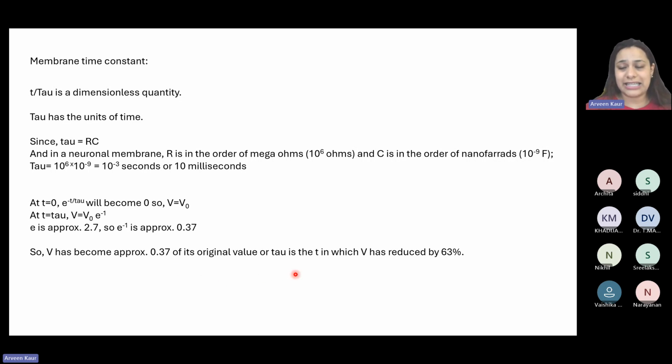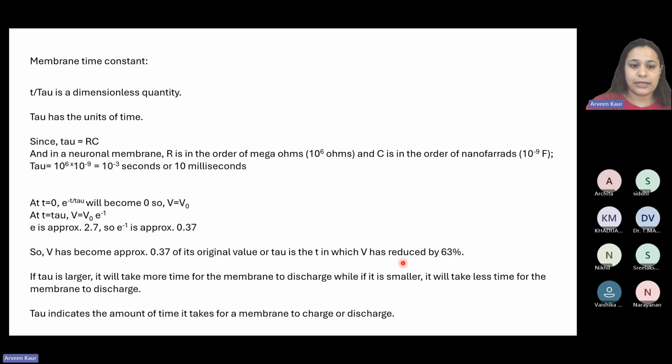Tau is the time at which V will reduce by 63%. That is, it will only remain at 37% of what it originally was, right? That is the value of tau as time. So when t is equal to tau, V will have reduced by 63%, right?